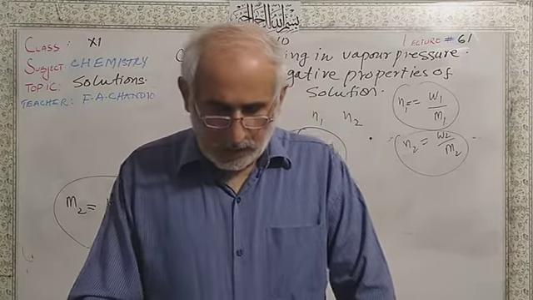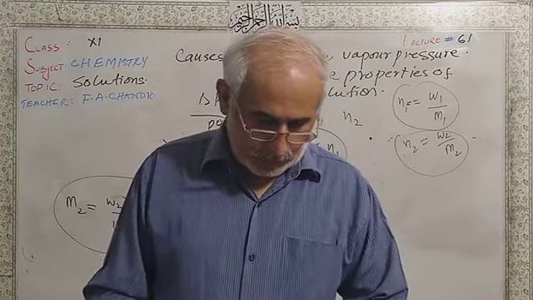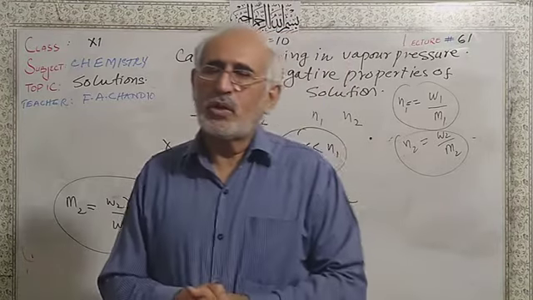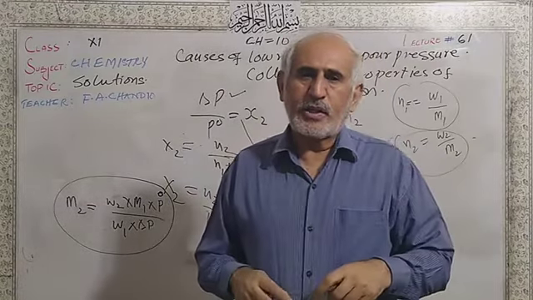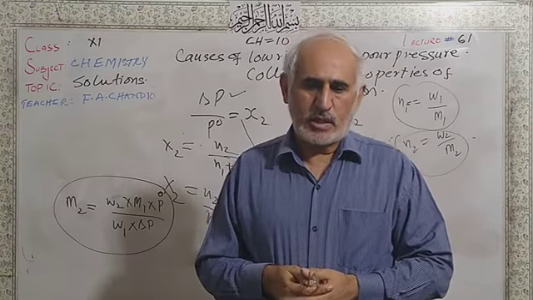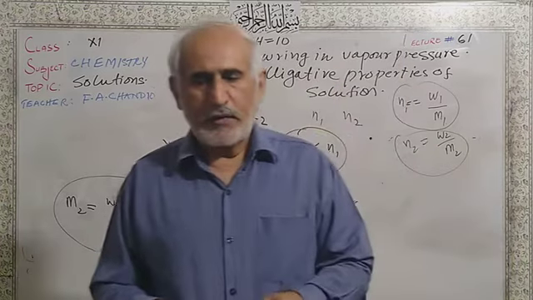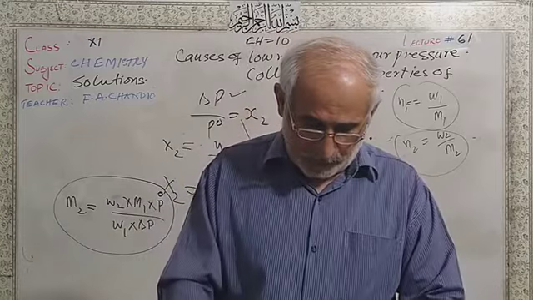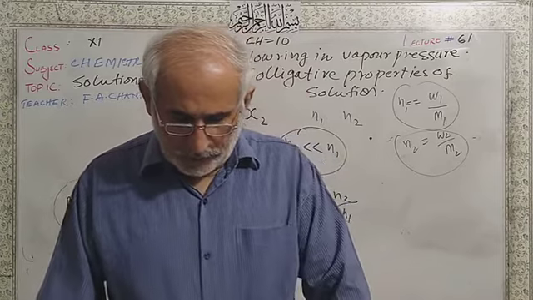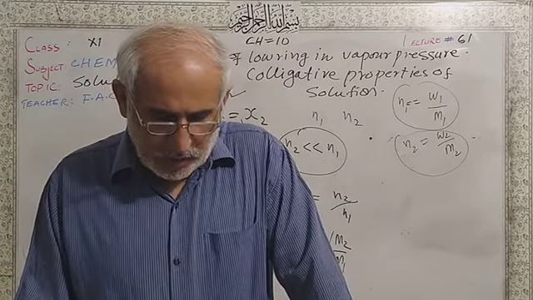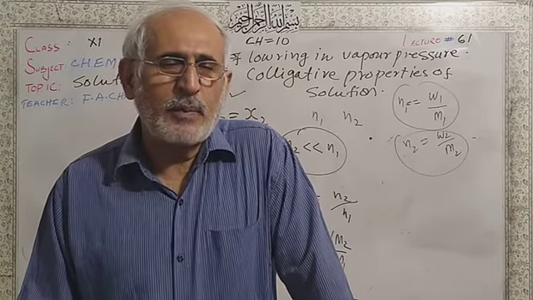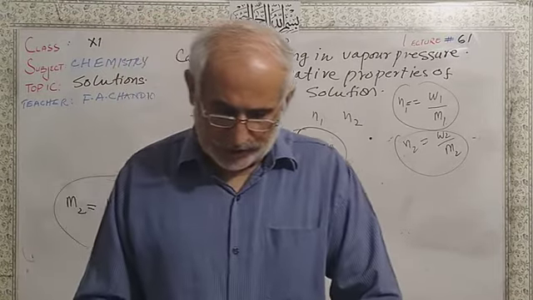So students, this is the cause of lowering of the vapor pressure, and I told you some derivation here and how to calculate the molecular mass of the solute by using the third definition of Raoult's law: lowering of the relative vapor pressure is equal to the mole fraction of the solute, P naught minus P divided by P naught, or delta P over P naught, is equal to X2.